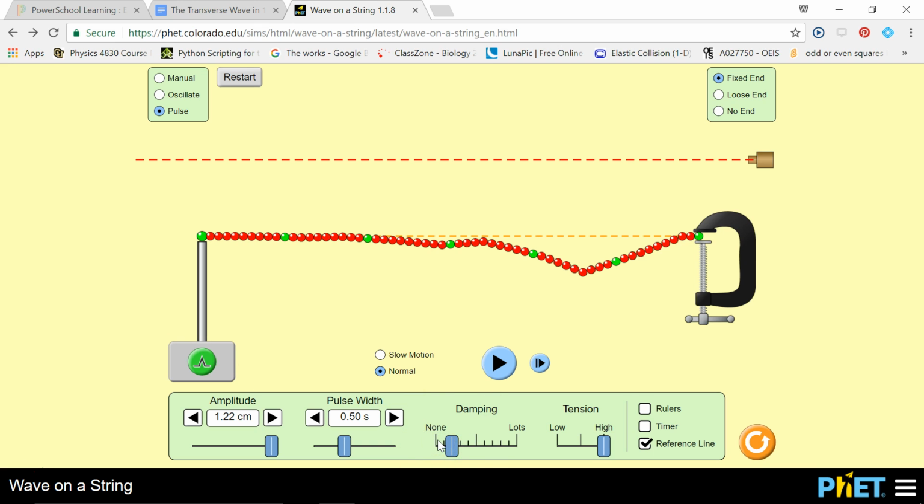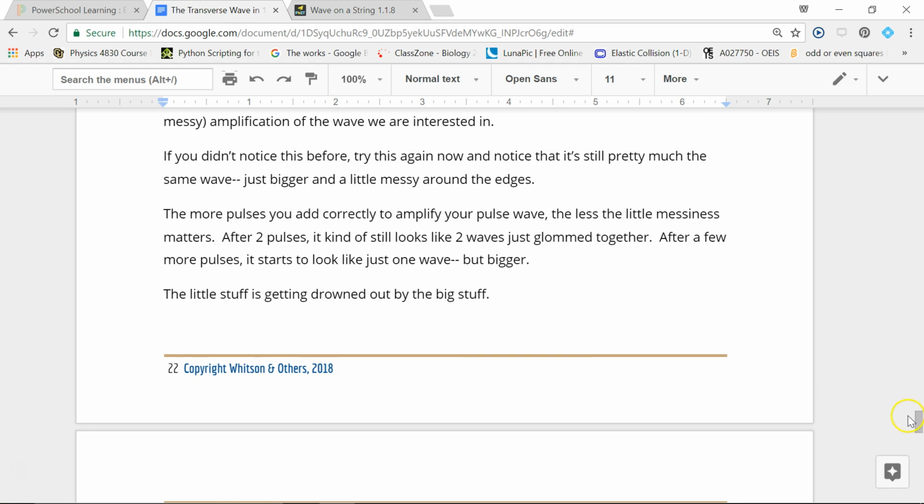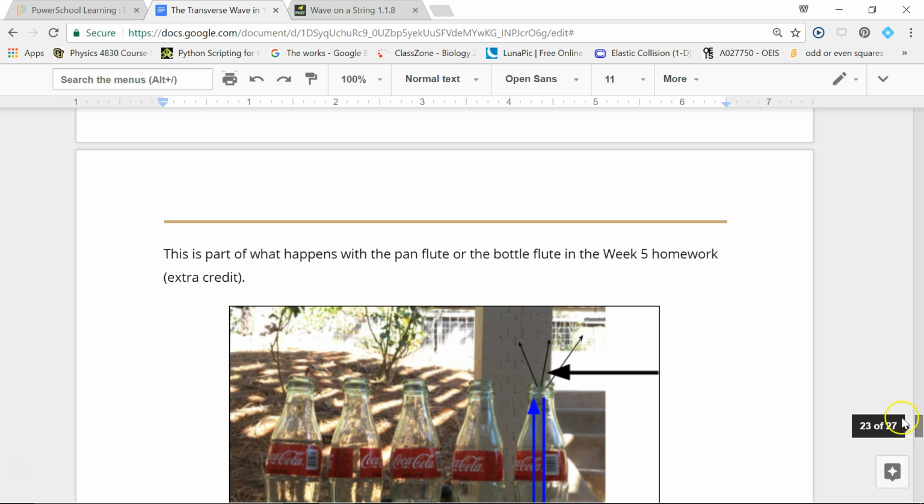Damping is caused by the friction of the media. If it's a water wave, it's water molecules against each other. If it's an air or sound wave, it's air molecules against each other. That friction causes this; sound doesn't go on and on forever like light does. This is a hint for what's ahead. So when you add that damping, you have to keep adding energy to it.